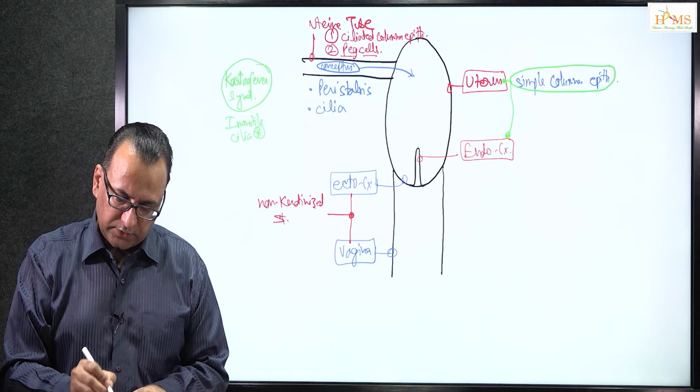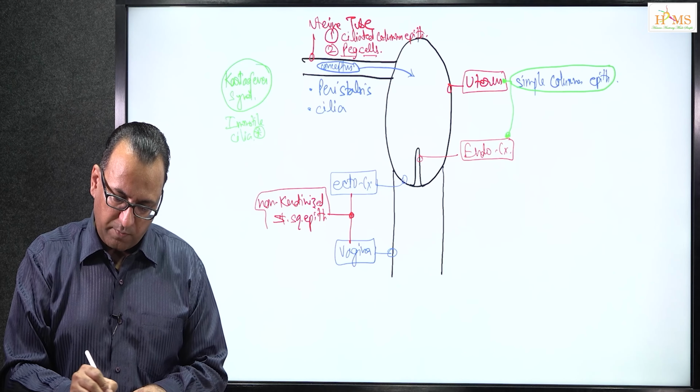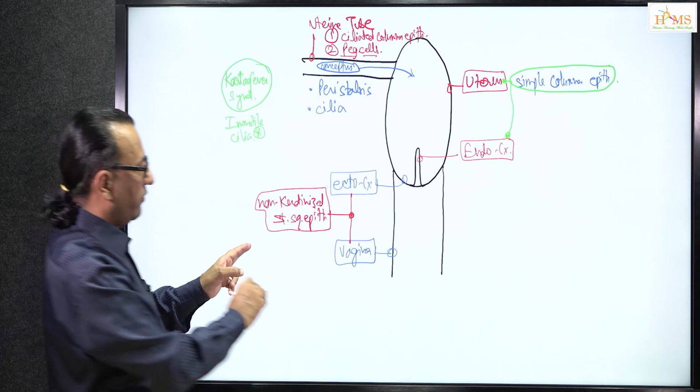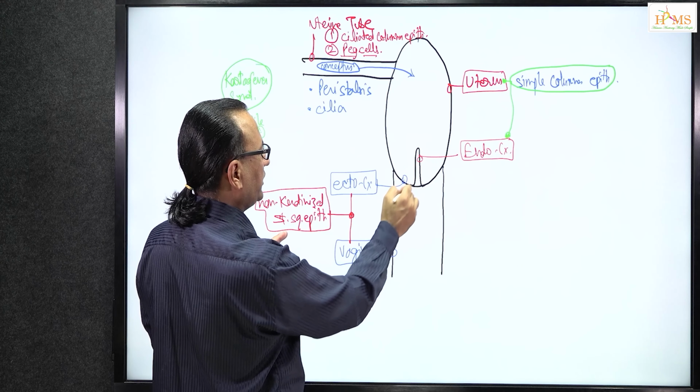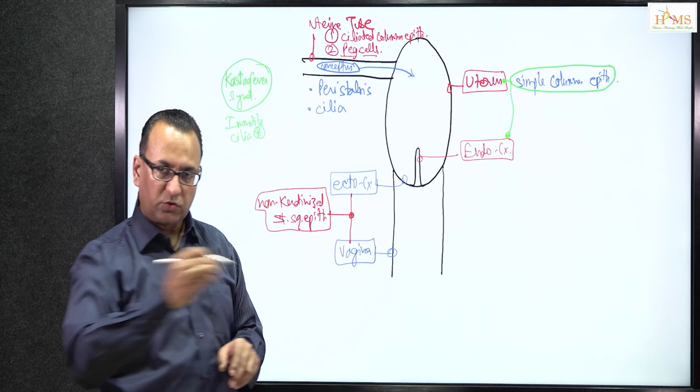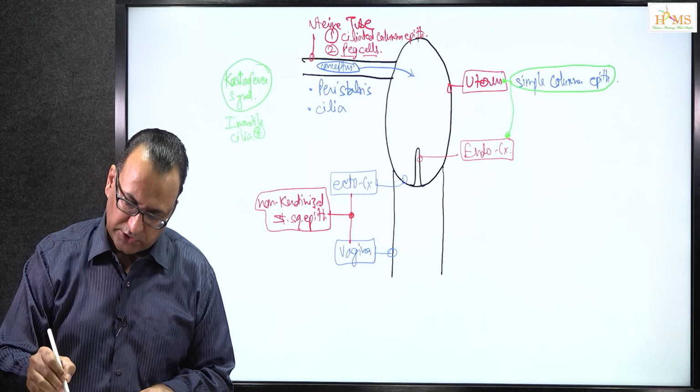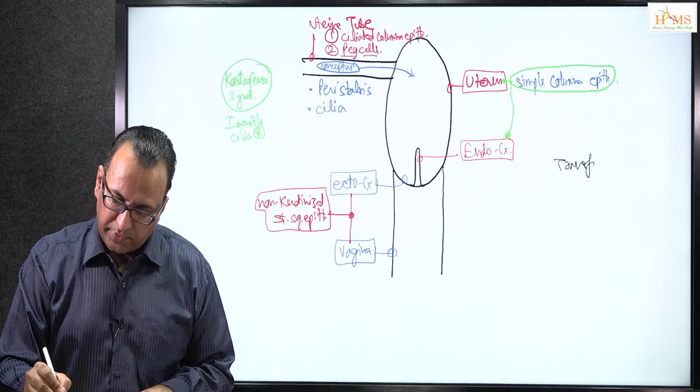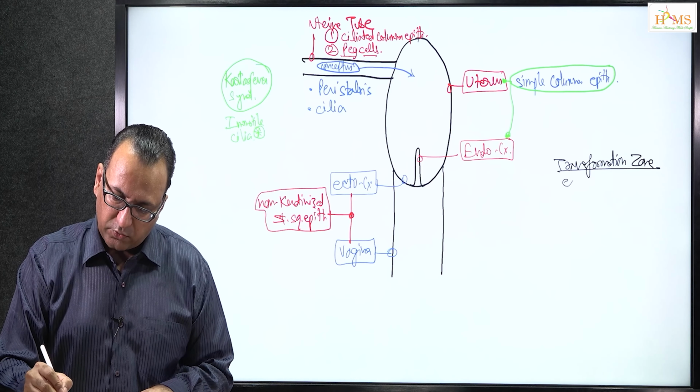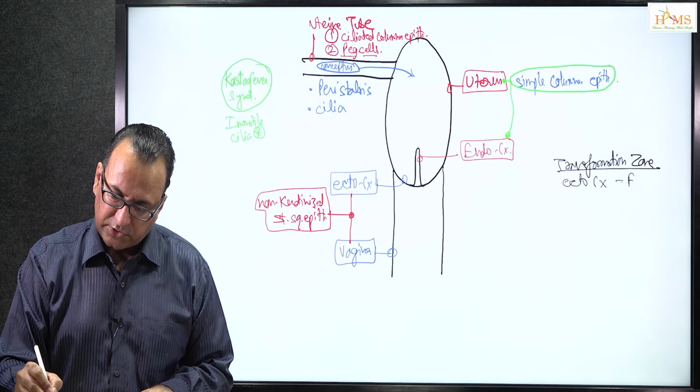We also mentioned that there is one transformation zone between the ectocervix and the endocervix, and it is the squamo-columnar junction.